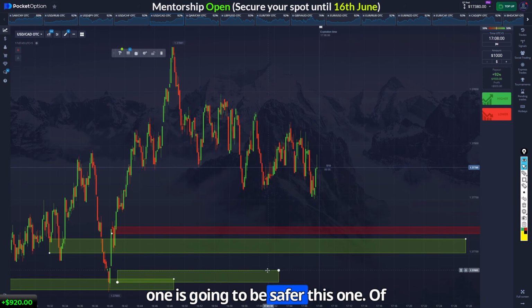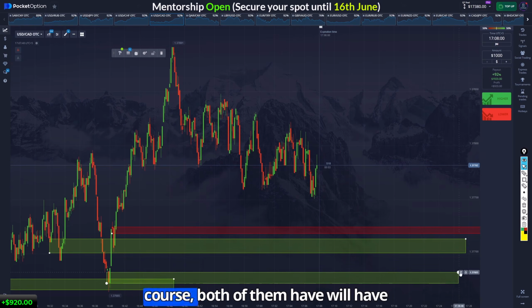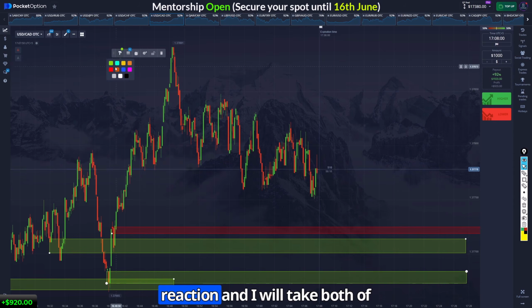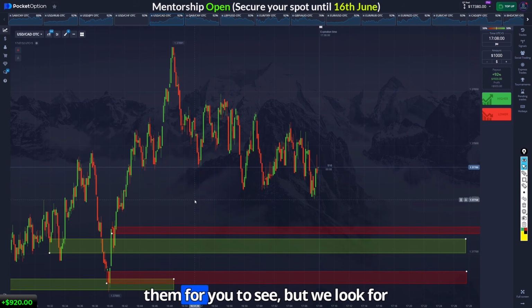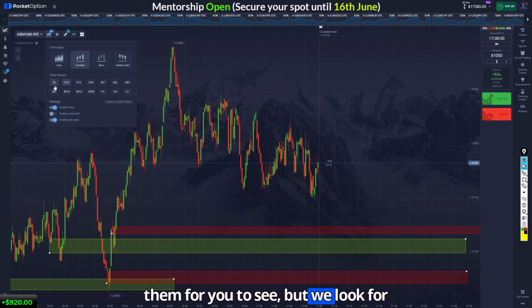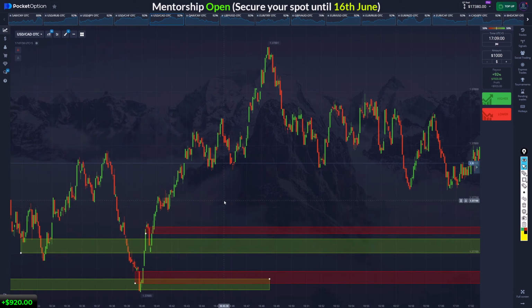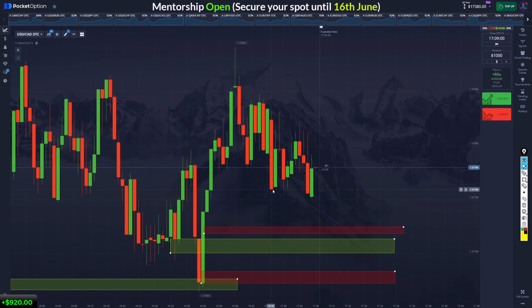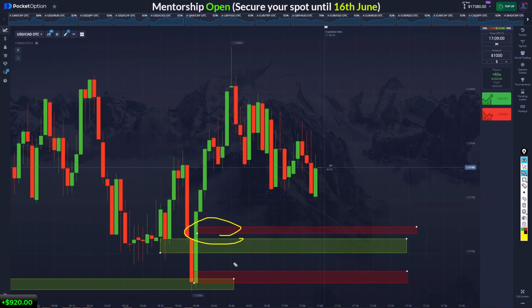Which one is going to be safer? This one. Of course, both of them will have reaction, and I will take both of them for you to see. But we look for supplies below the zone, so we got two zones here. This one and this one. We will wait for this one. This one also might react, right?